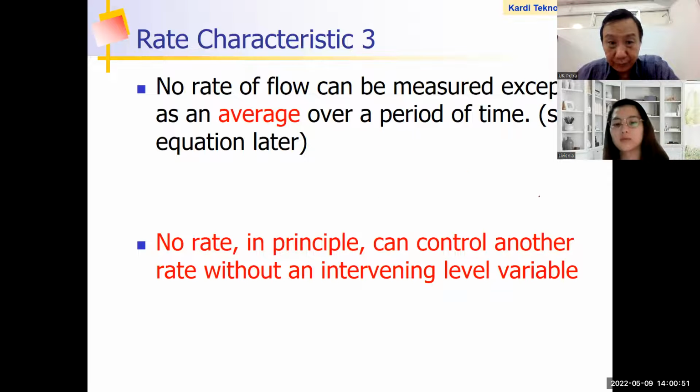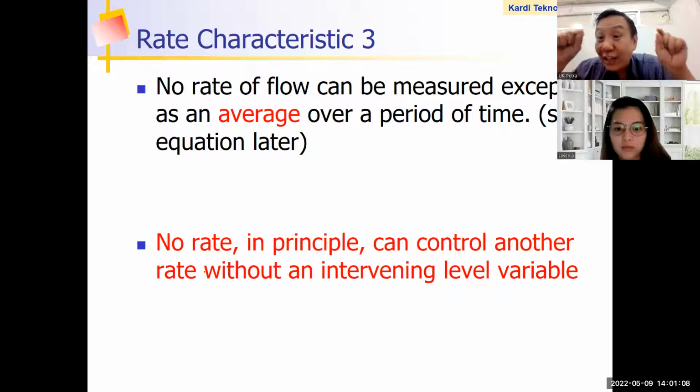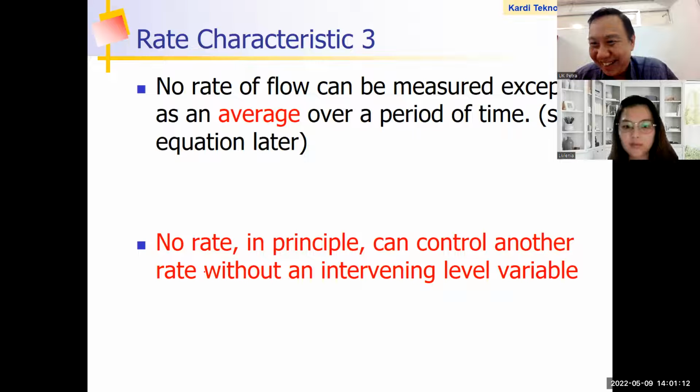Later you can see the equation. No rate in principle can control another rate. Remember, a level cannot be changed by another level. A rate can change a level, and a level can change a rate, but a rate cannot change another rate. Clear?